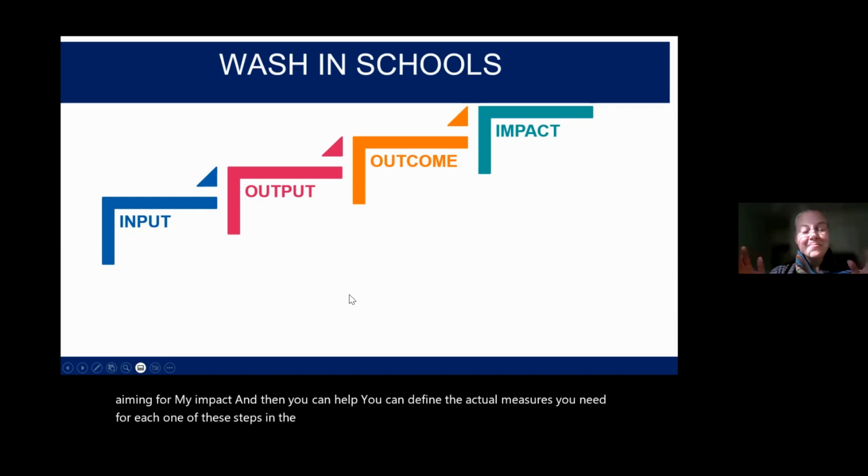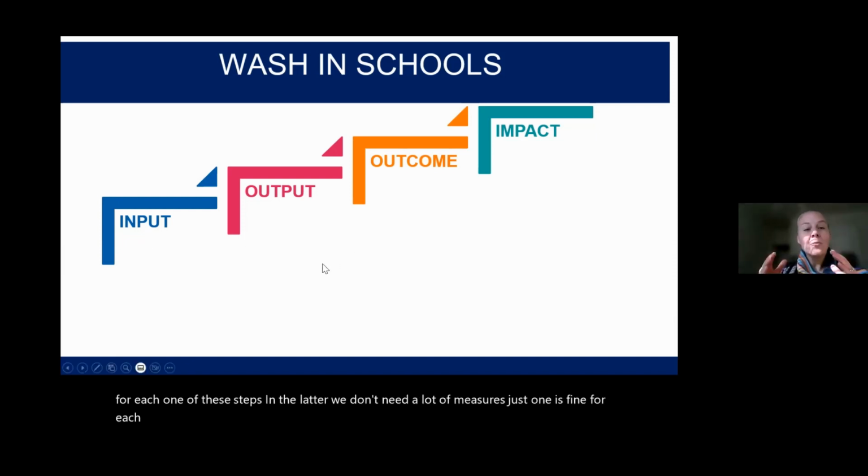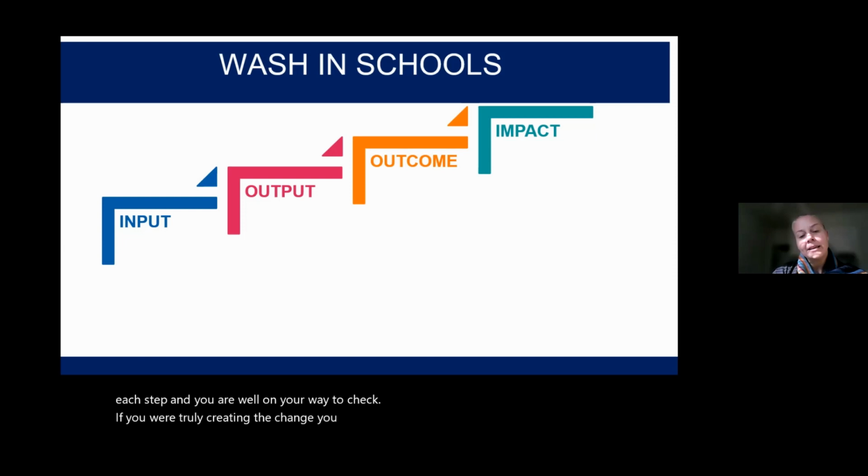We don't need a lot of measures, just one is fine for each step. And you are well on your way to check if you are truly creating the change you want to see. So I hope this was helpful. If you have any questions, we're here to start the conversation.